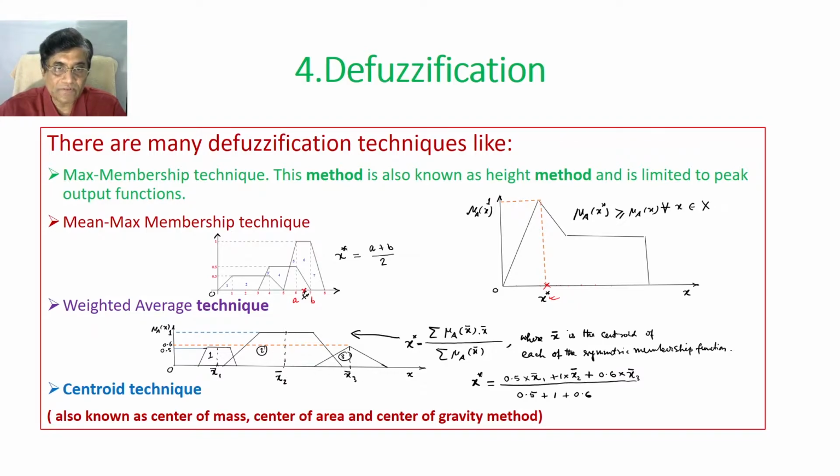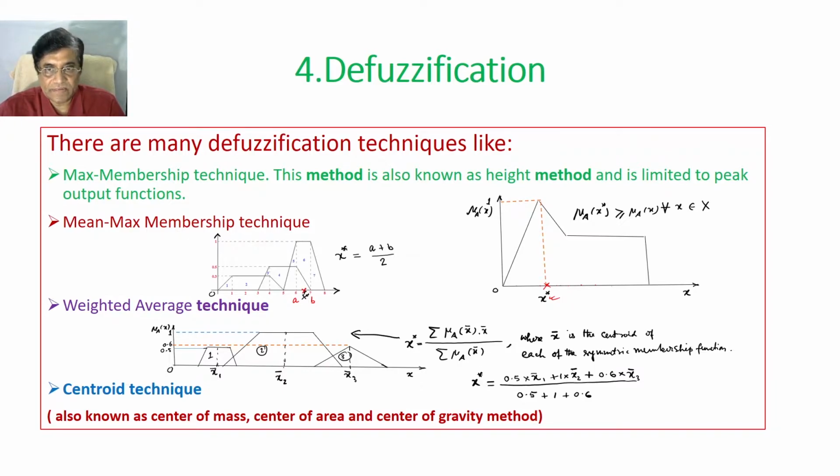So x2 bar is actually the centroid of fuzzy membership function 2, and x3 bar is for the area covered by fuzzy membership function 3. This is a centroid.